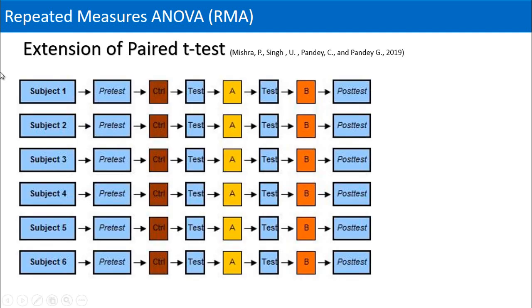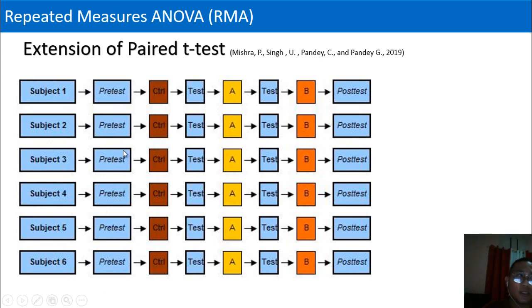For example, we have 6 subjects, and we conduct a pre-test on all of them. Then we conduct the control, for example a placebo or any control agreed by the researcher.